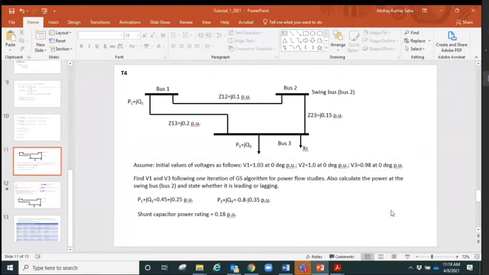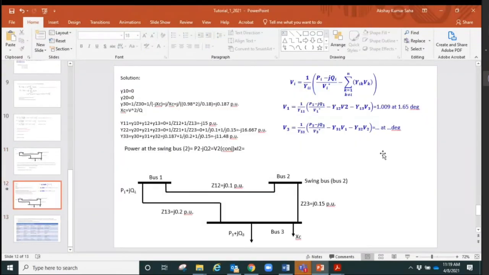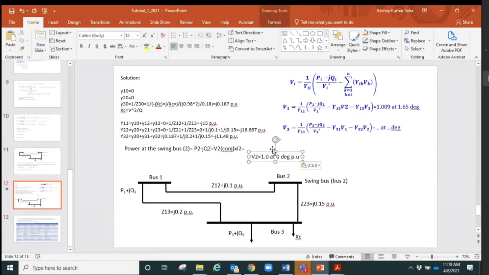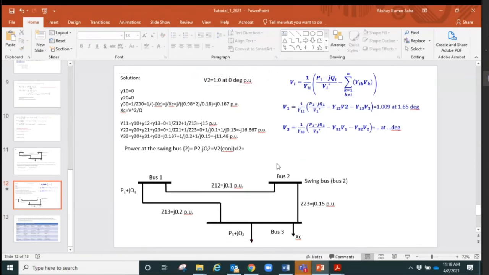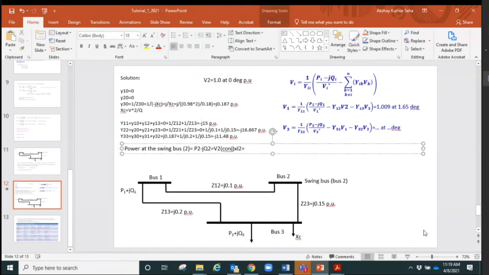So 1.0, you don't need to put the 0 degree, and then it's multiplied by that expansion.